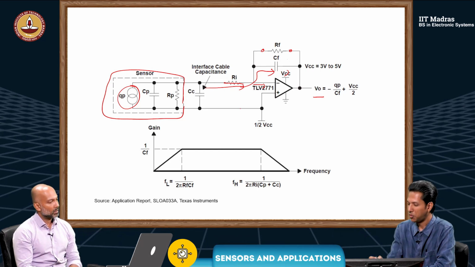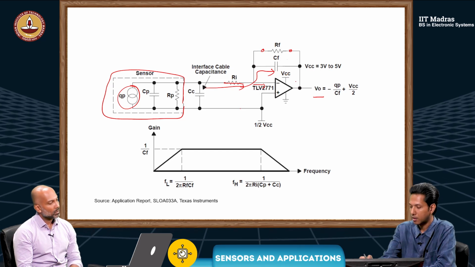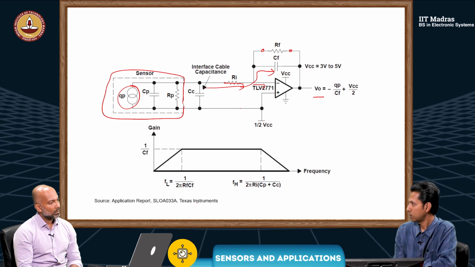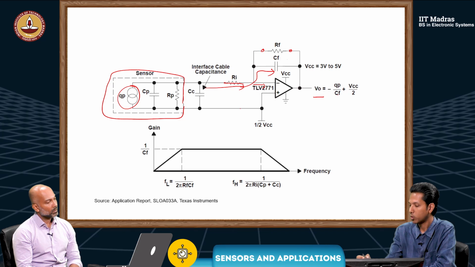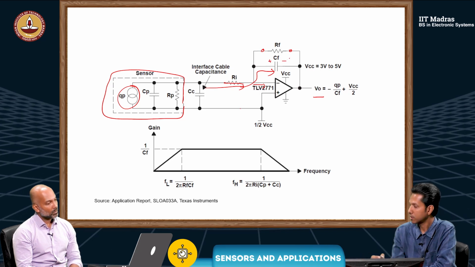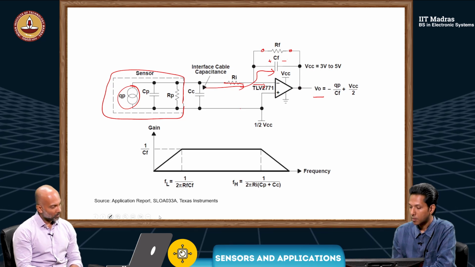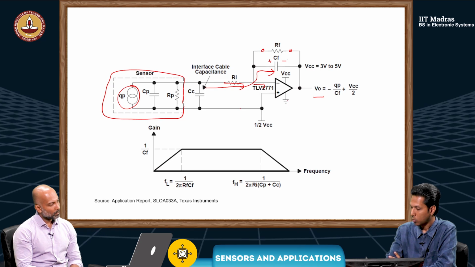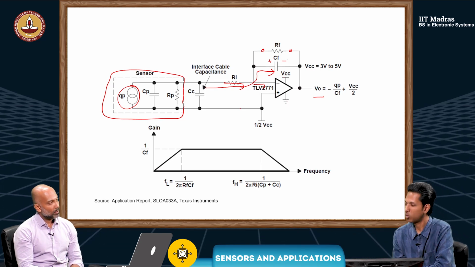Now, if your op amp is only operated using plus VCC, there is no minus VCC, and QP can be positive or negative, so the output can go to a negative voltage, plus or minus QP by CF. If you are powering only with positive voltage, only one range, then it cannot go to the negative side.